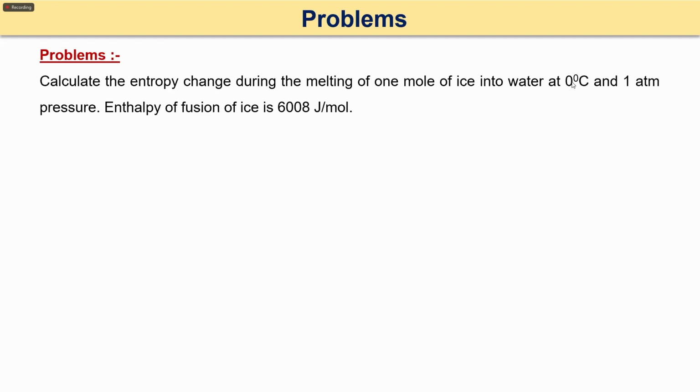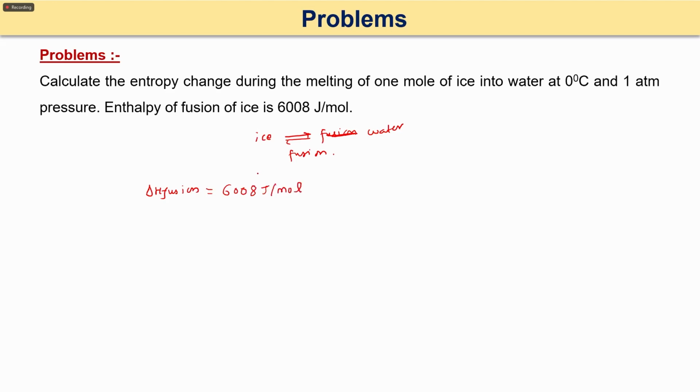The melting of ice into water is basically fusion. So ice to water is fusion. And your delta H of fusion, that enthalpy change of fusion, is given, and that is 6008.